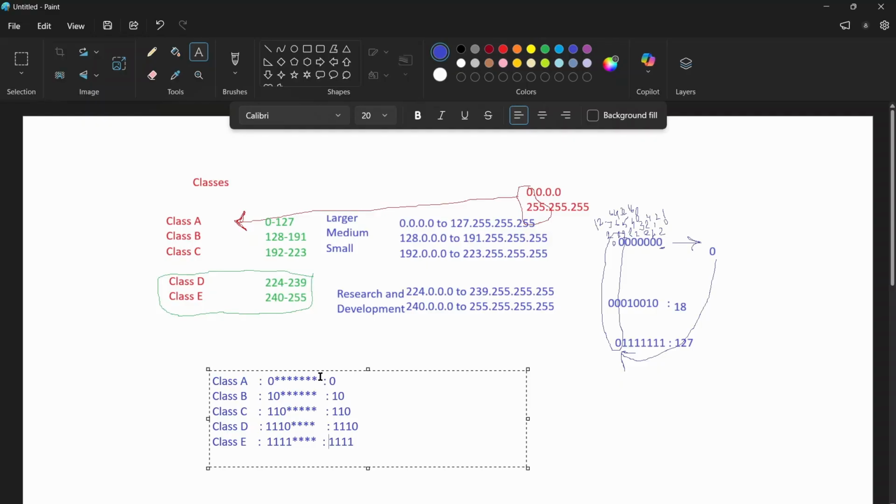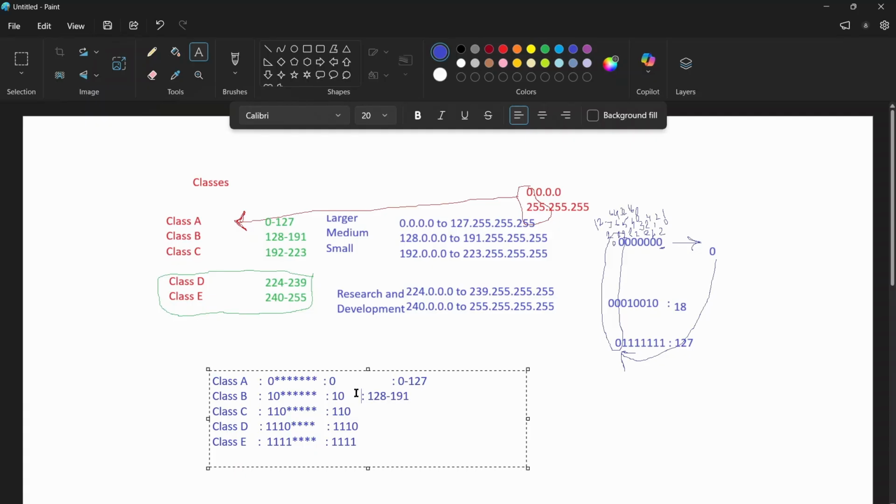Don't confuse here, it's very simple. In class A, 0 to 127, 0 will be constant, that means the 2 power 7 position will be constant. In class B, 128 to 191, 2 power 0 to 2 power 5 will be changed and 1 0 will be constant.